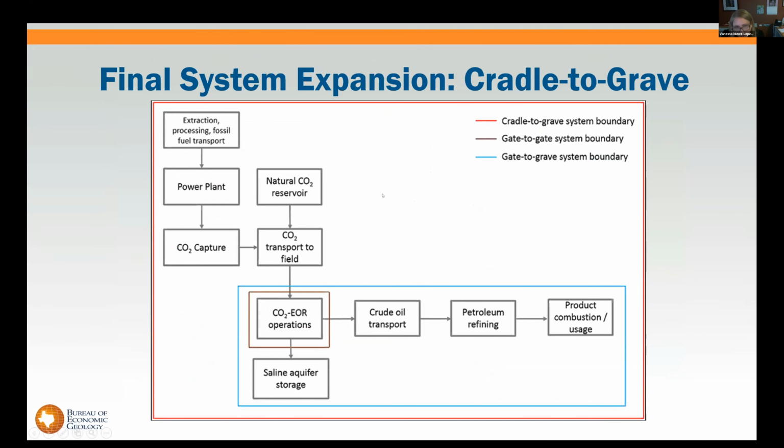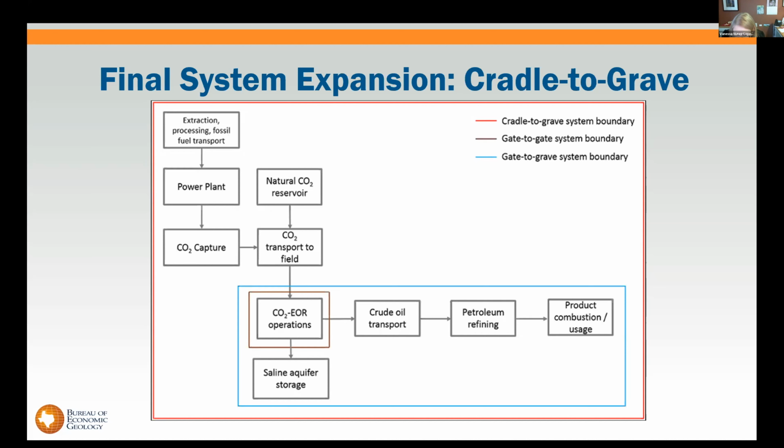And this is a final system expansion where we included all the elements upstream of the CO2-EOR operation. Those emissions were added to the gate-to-grave emissions and now also account for extracting, processing, and transporting the primary energy that is combusted at the power plant where the CO2 is going to be captured and supplied to the EOR site.